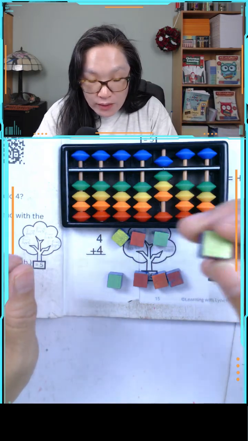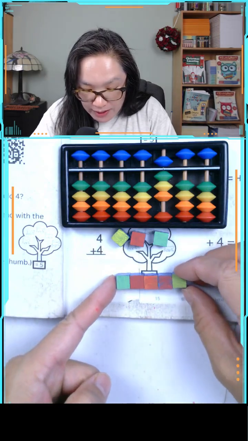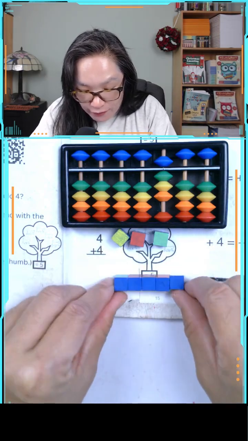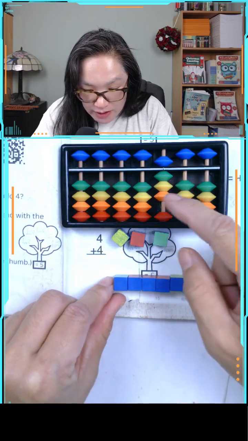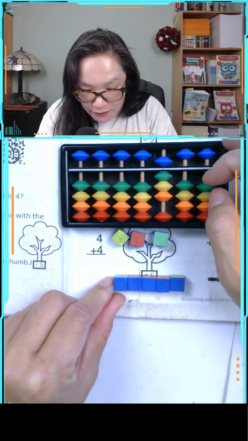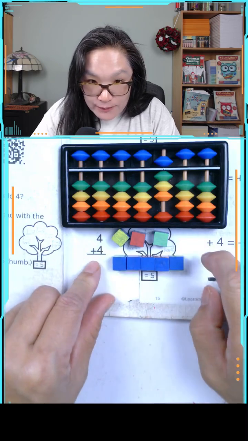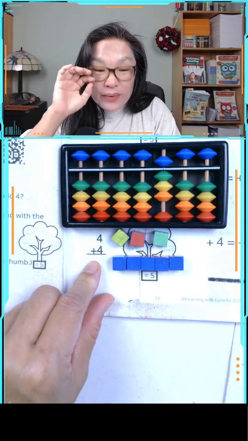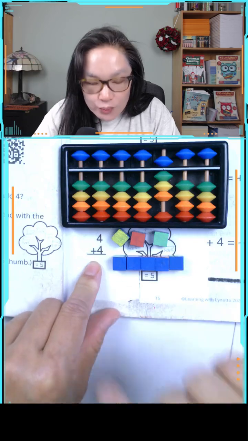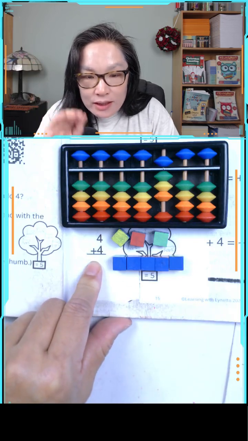So we give this away and we add it to the bottom bead. This now becomes 5. See? So we take it away and we add the 5. Then our answer is 8. So this is a concept. This is super easy, but the idea is to understand the concept.